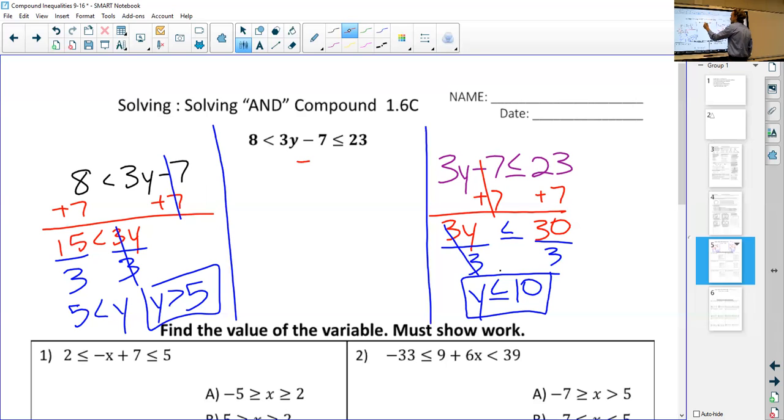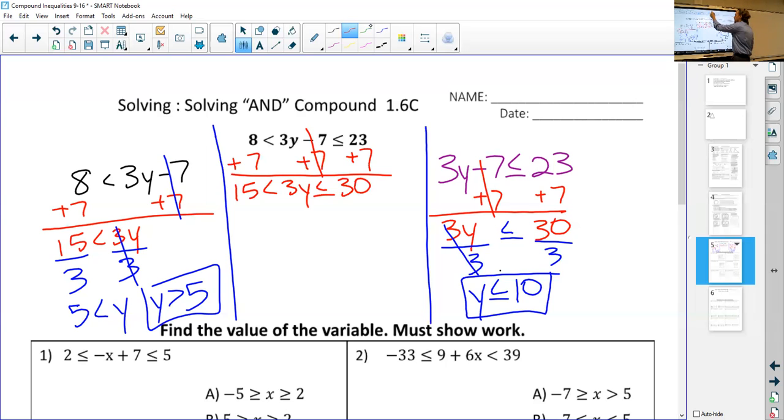Select it again. There it is. Okay. So I want to get rid of this minus 7 from both sides, so I'm going to do plus 7 on the left, plus 7 on the right, plus 7 in the middle. So that gives us 15 less than 3y less than or equal to 30.